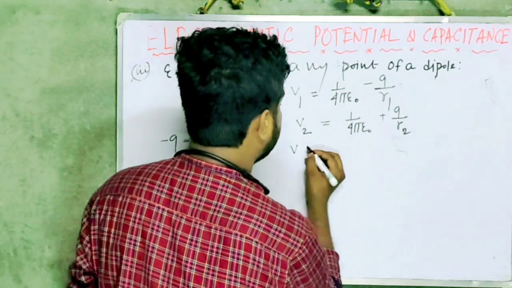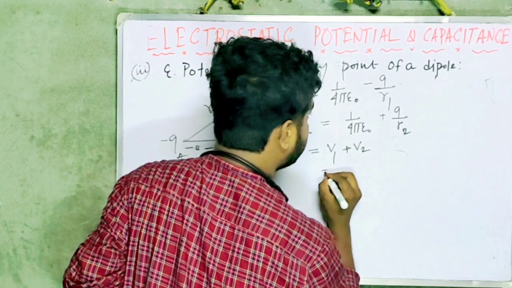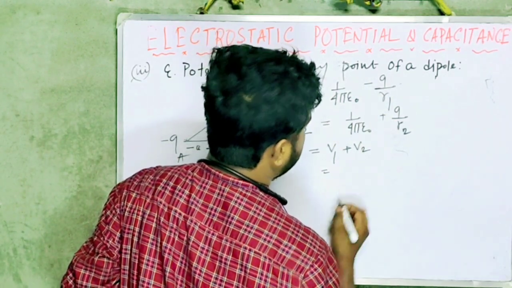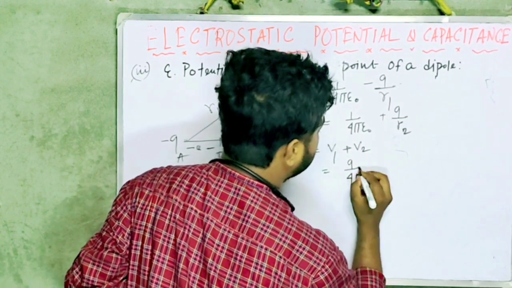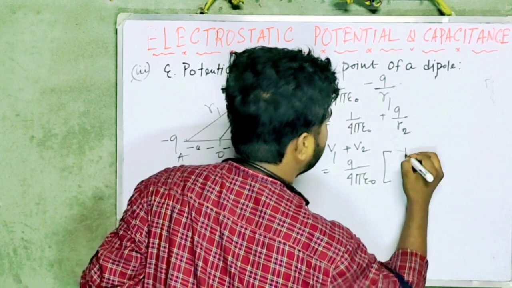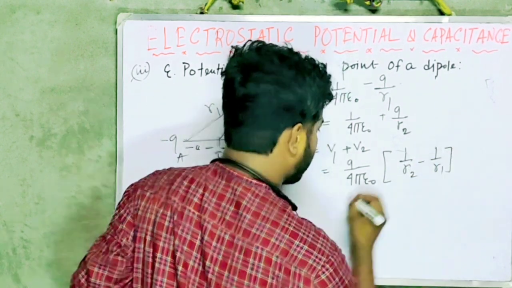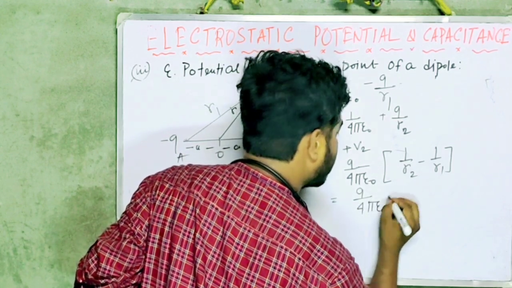Now total potential V equals V1 plus V2. Taking Q by 4 pi epsilon naught common, this one will be 1 by R2 minus 1 by R1. Simplify it, that is Q by 4 pi epsilon naught.